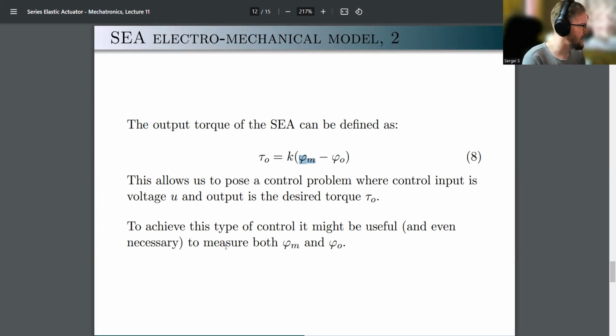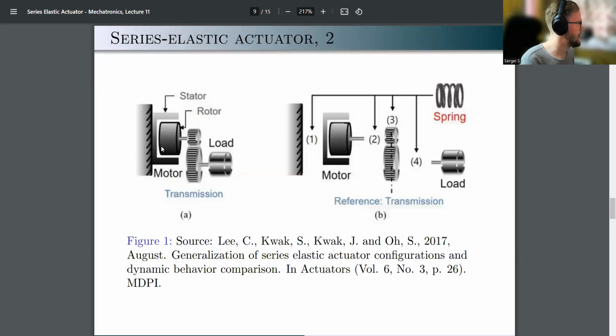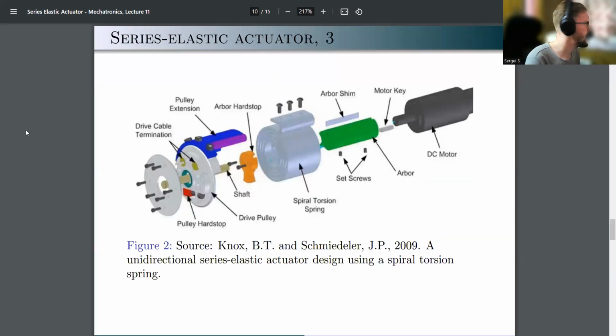To achieve this, often you have to measure both phi sub m and phi sub O. Now, let me just go a little bit back. We don't have the picture, but let me just illustrate how it could be done.